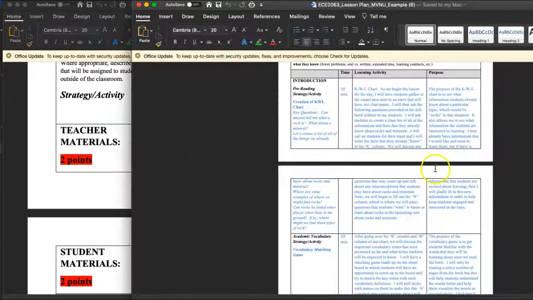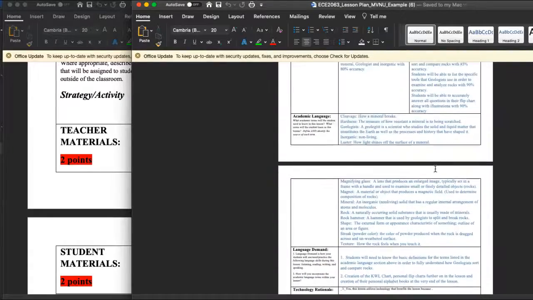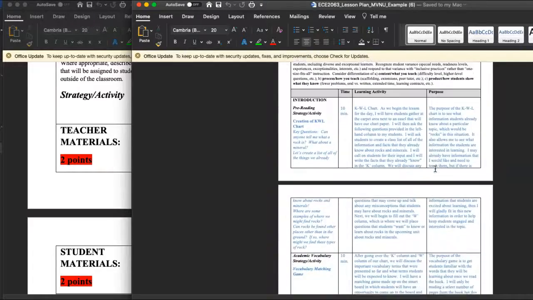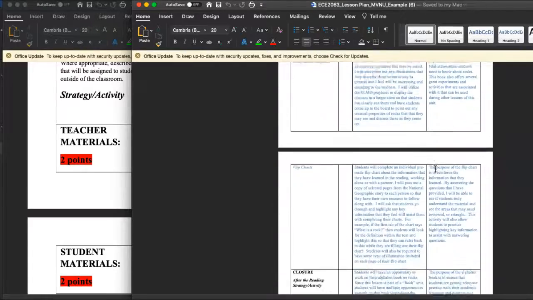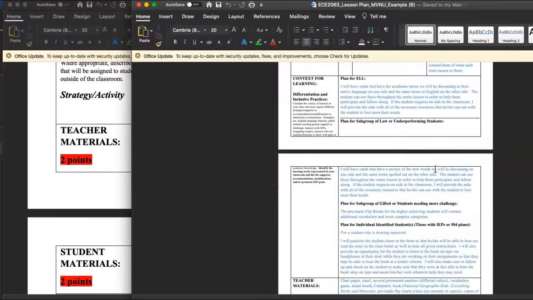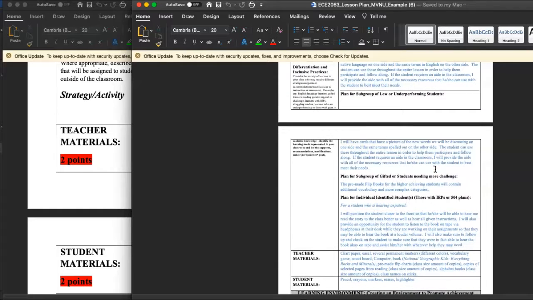Please go back and look at the example for the context for learning and the instruction piece. If you have questions, please ask me before submitting these 2 sections. But just remember, this lesson plan is like a puzzle. We began with the end in mind and we're working backwards.